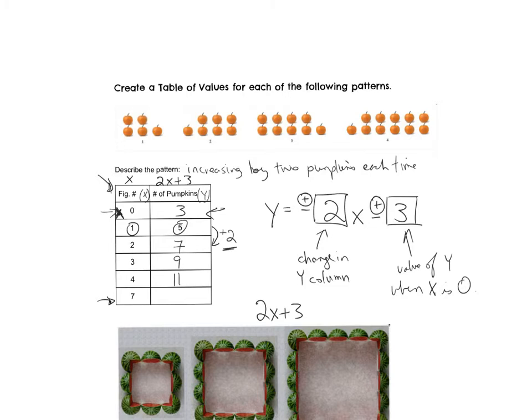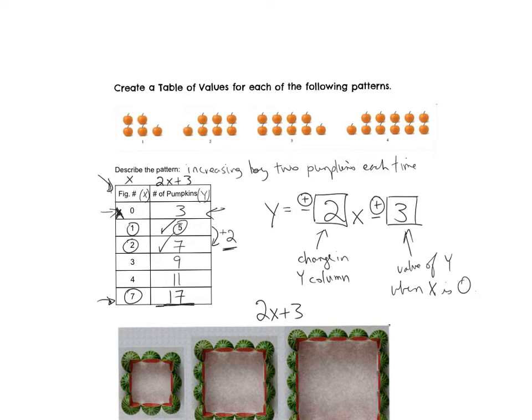So 2 times 1 is 2, plus 3 is 5. That one's good. 2 times 2 is 4, plus 3 is 7. That one is good. So now that we have the correct expression, we can fill in this last remaining box here. So I'm now going to input this value, 7 for X. 2 times 7 is 14, plus 3 is 17. So now my table of values is complete.